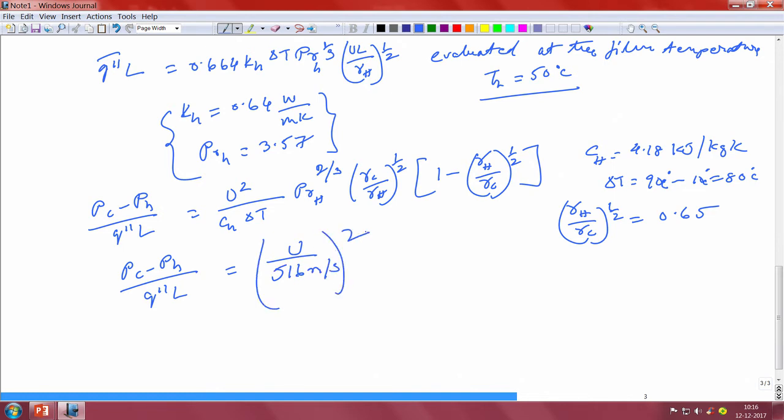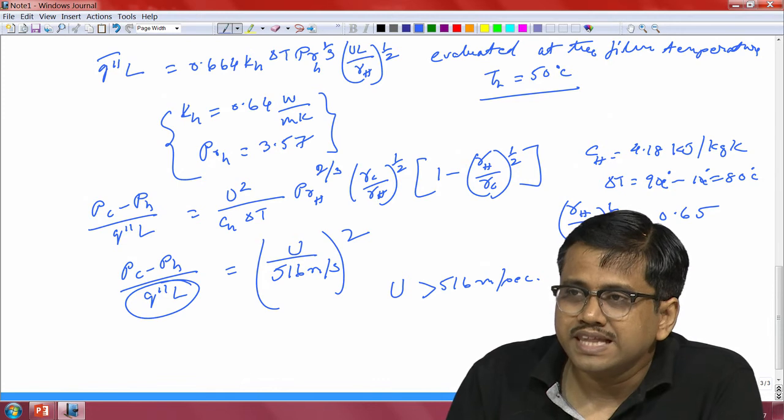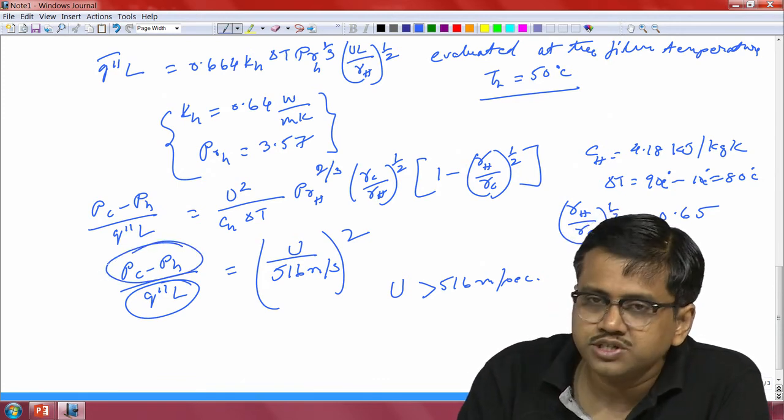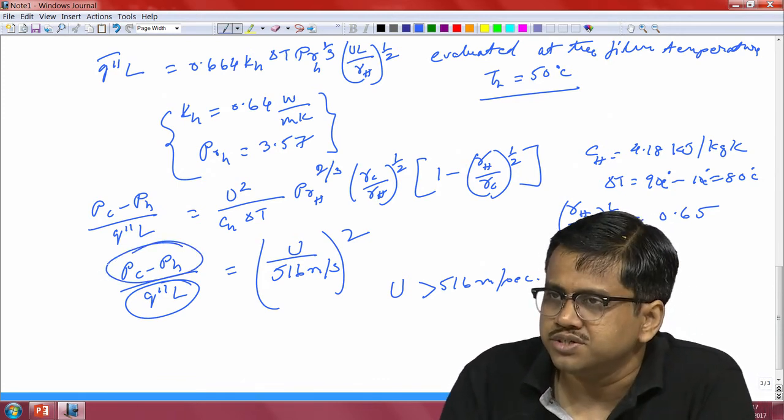So this ratio implies that only if your U is greater than 516 meter per second are you going to get a significant energy savings, because you are spending that much power in heating the plate, and this is the savings you have because of the reduction in drag.